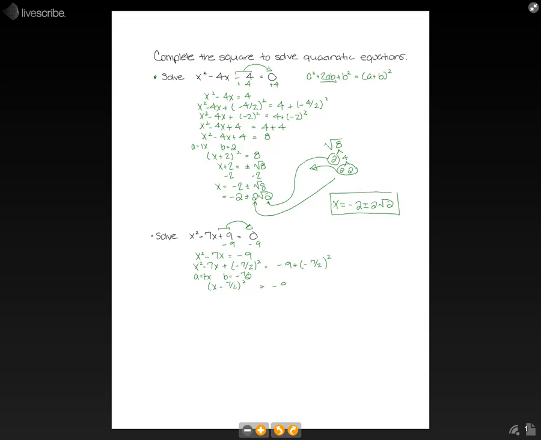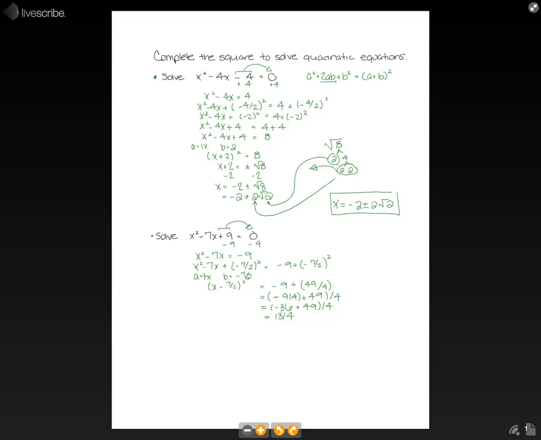On the right-hand side, we have negative 9 plus negative 7 squared, which is 49, over 2 squared, which is 4. We can reduce the right-hand side by giving everything a denominator of 4, which gives us negative 9 times 4 plus 49 all over 4, which gives us negative 36 plus 49 over 4, which is 13 over 4.